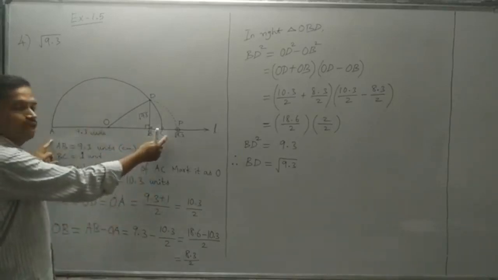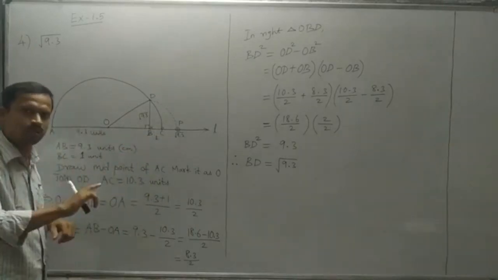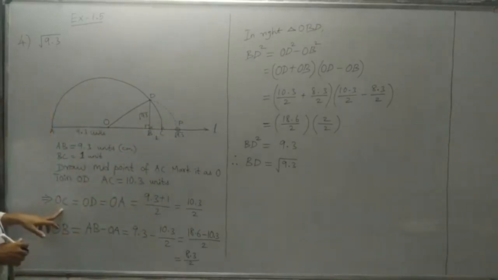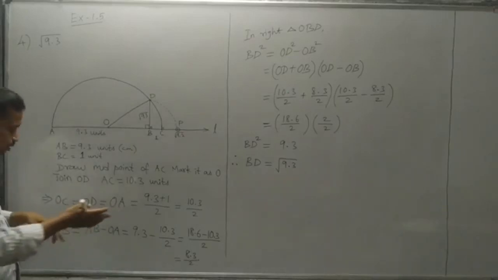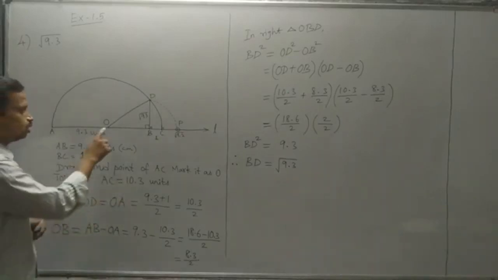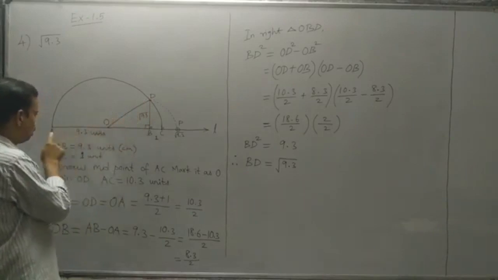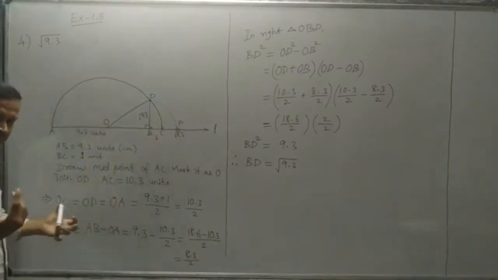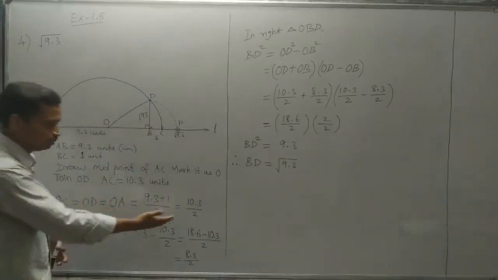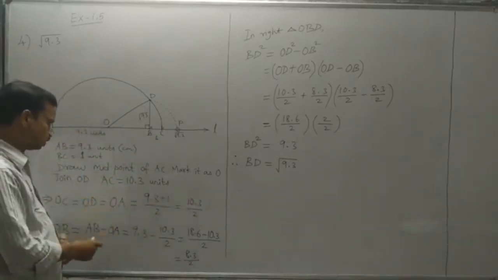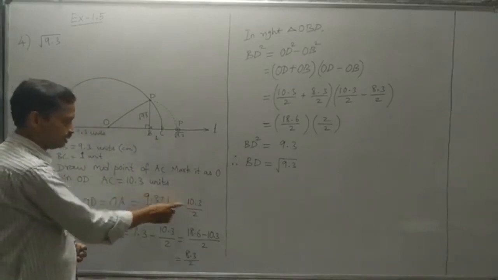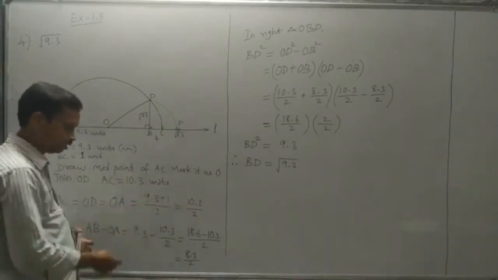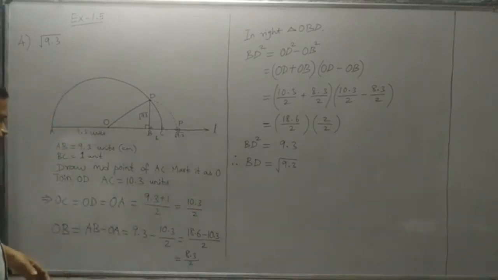Now OC equal to OD equal to OA. These are all radii, O is the center. They are equal, which is nothing but the radius of the semicircle, 10.3 by 2, because diameter by 2 is radius.